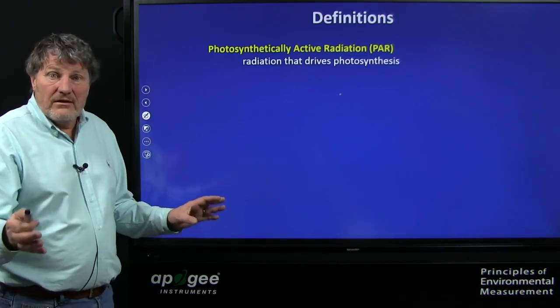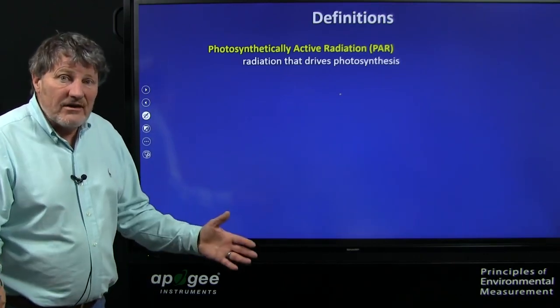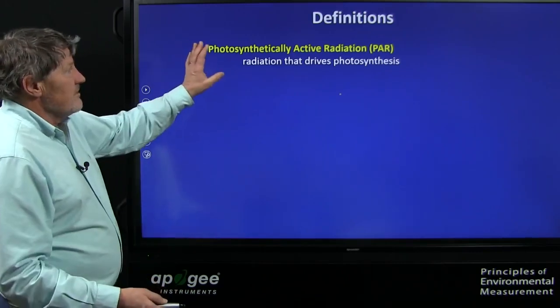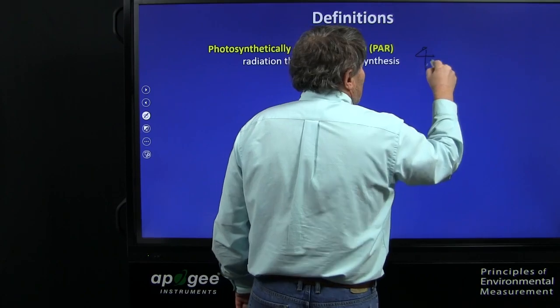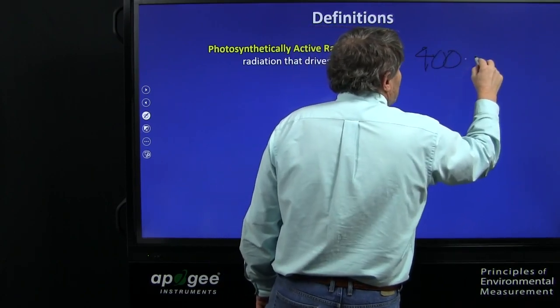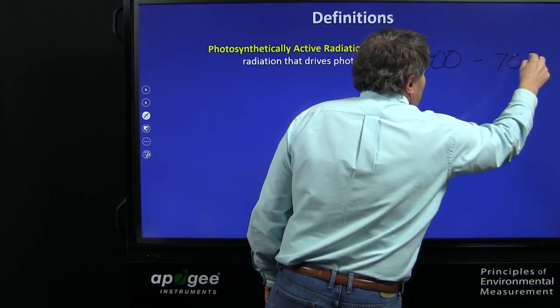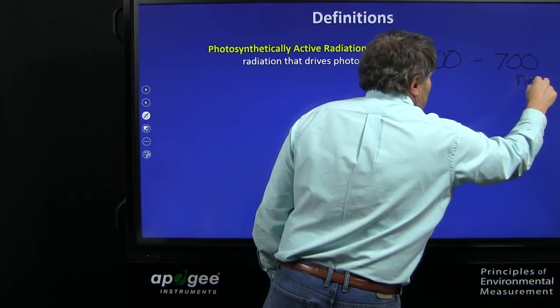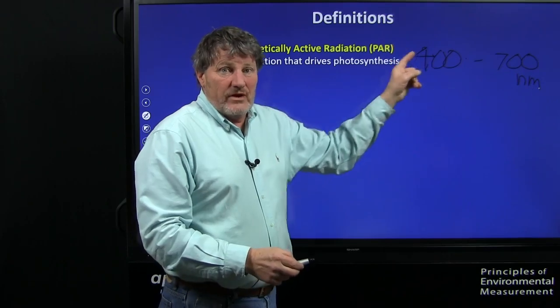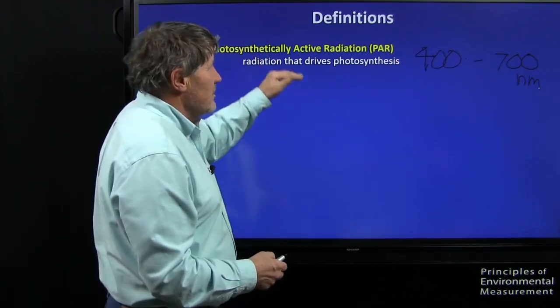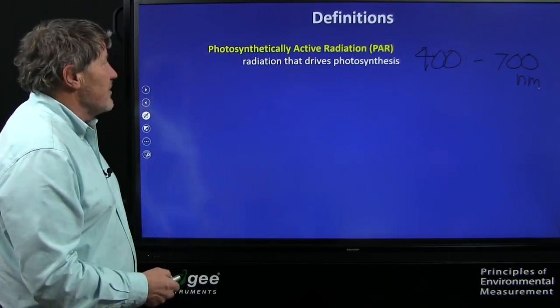Near infrared light doesn't have high enough energy for photosynthesis. This is the radiation for photosynthesis, and we'll come back to this again. It's 400 to 700 nanometers. This is close to the visible range as well, what our eyes see.